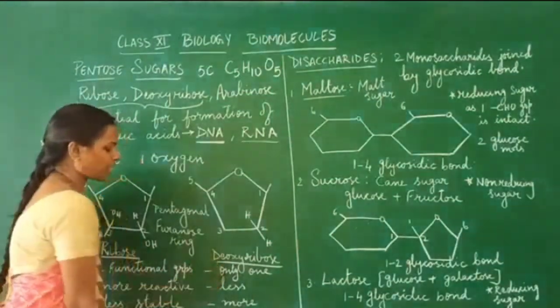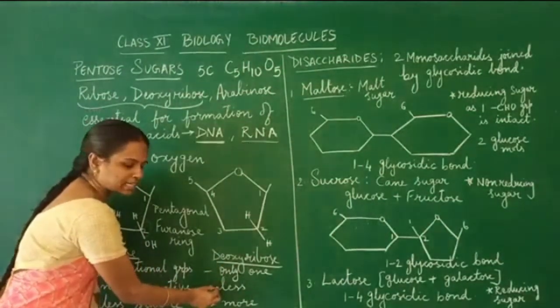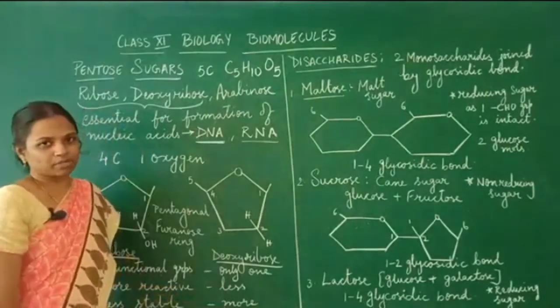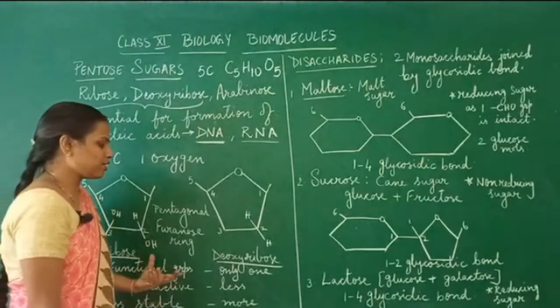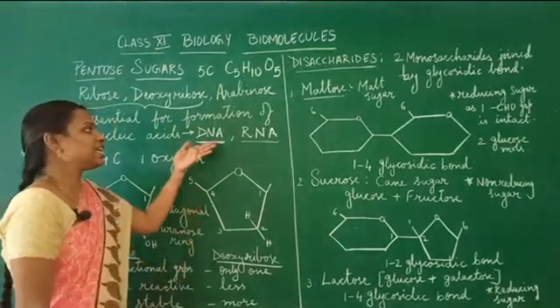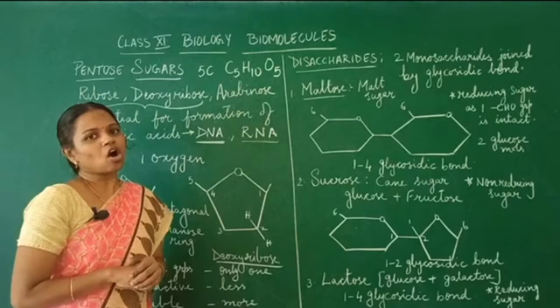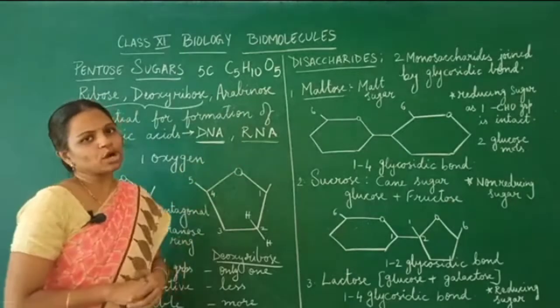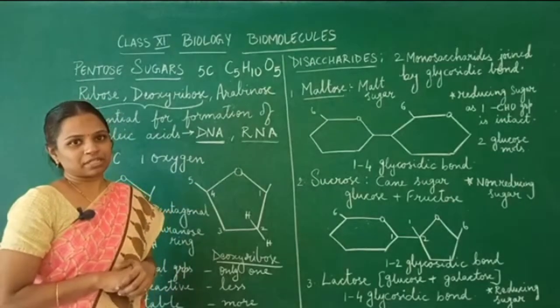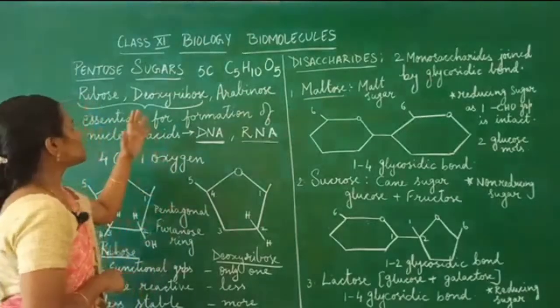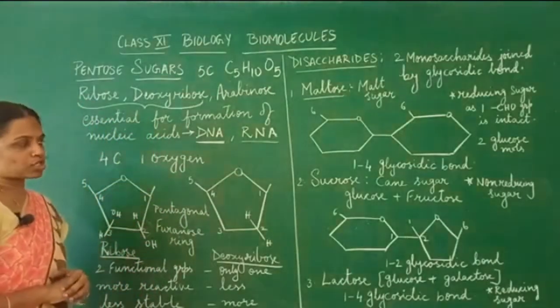Whereas deoxyribose, as it is less reactive, is more stable. That is probably the main reason why DNA is the genetic material in most of the organisms when compared to RNA as the genetic material. So, this is about the pentose sugars.